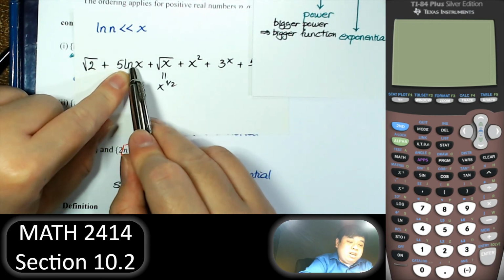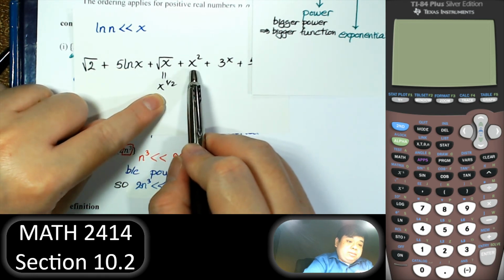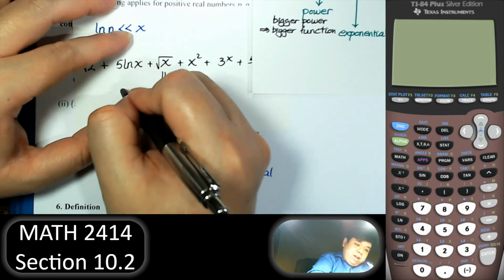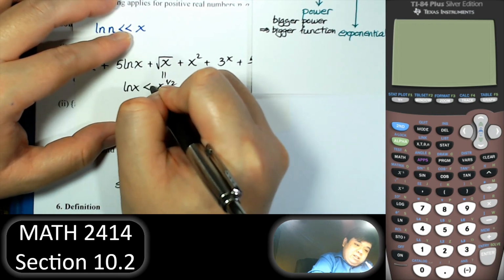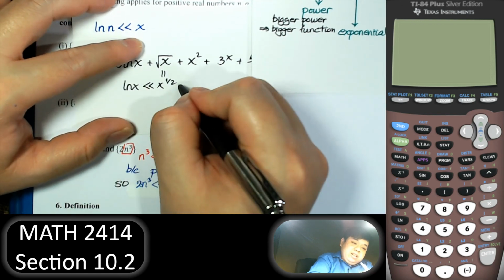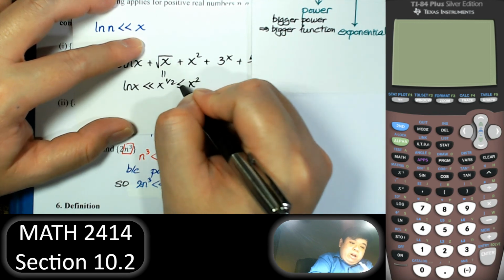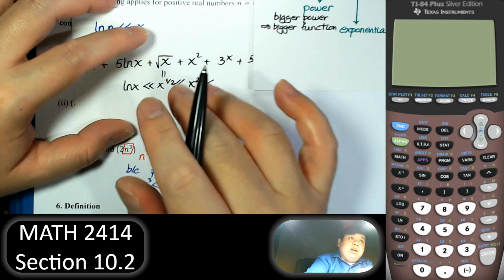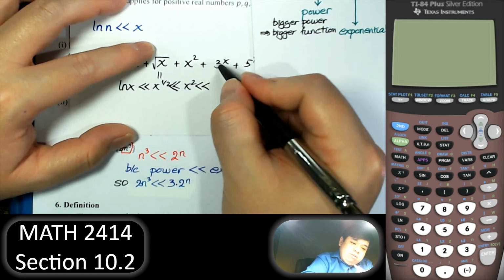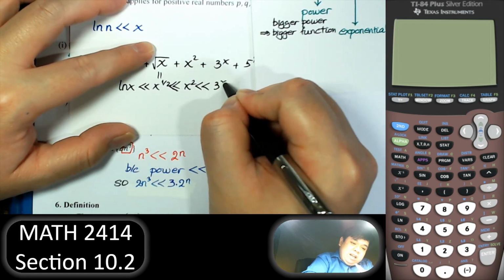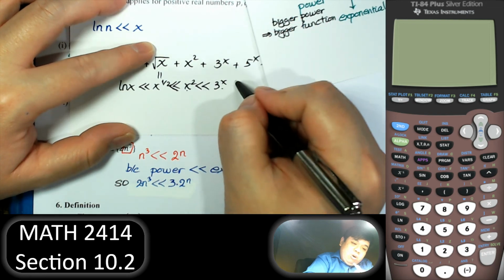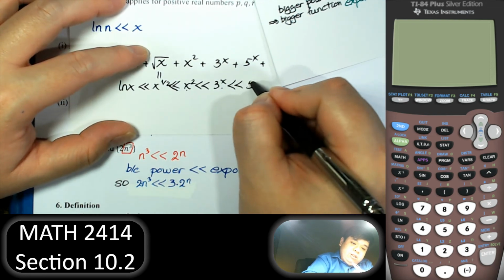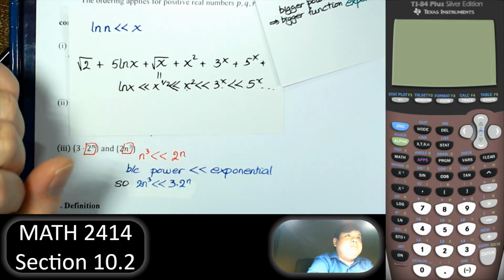So that one's faster than this. x squared, bigger power, so actually ln of x is slower than that. And power goes slower to infinity than exponential, and so on.